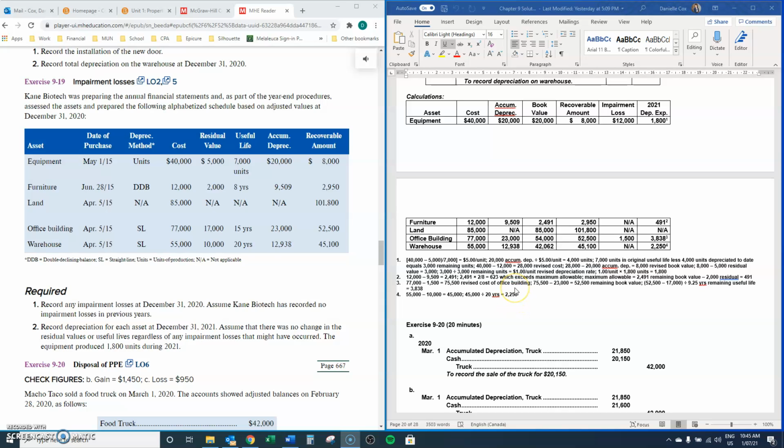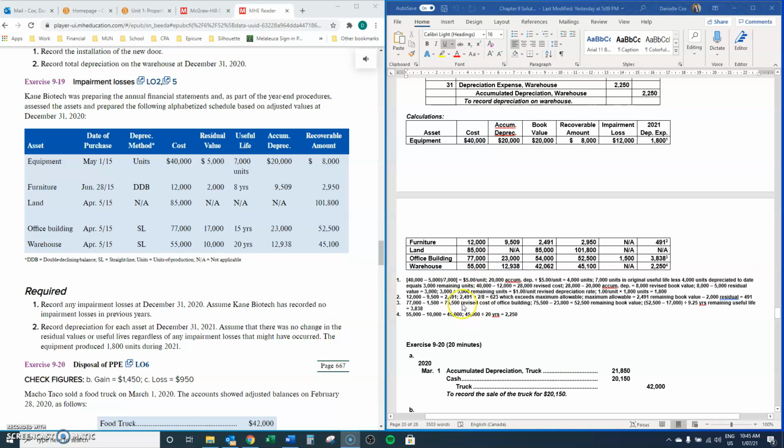So even though the office building was straight line, we do have additional calculations because we have to take into account the impairment loss, and now we have to work out, based on that, our new depreciation for each year. Okay, so I hope that helps here. I know it's a lot of information put into these notes.